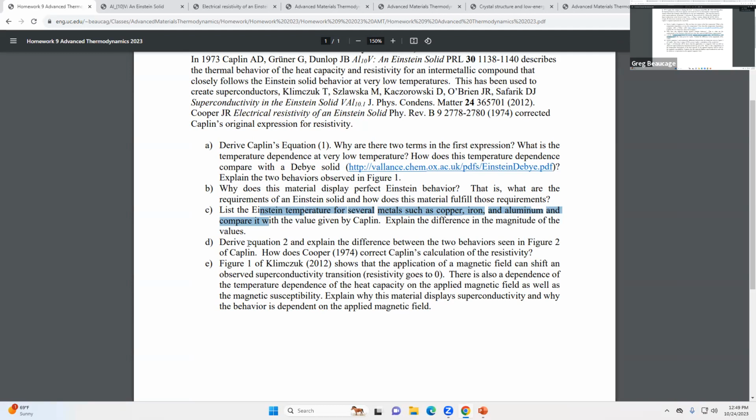The lowest index mode has the highest energy, and the Debye temperature is where you excite that highest energy mode. Because all the other ones are lower energy, everything's excited at that point. So the Debye temperature is a temperature where you light off all the fireworks in the material, everything's vibrating. And as you cool it down, certain parts of those vibrations disappear. So that's the idea of the Debye temperature.